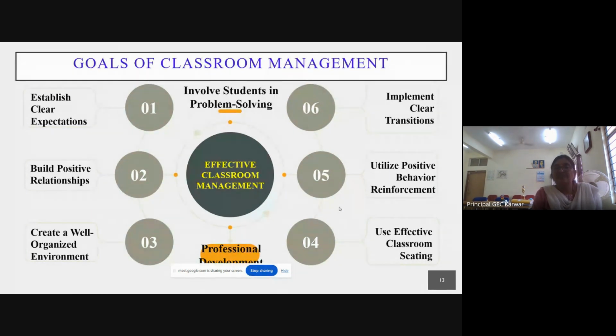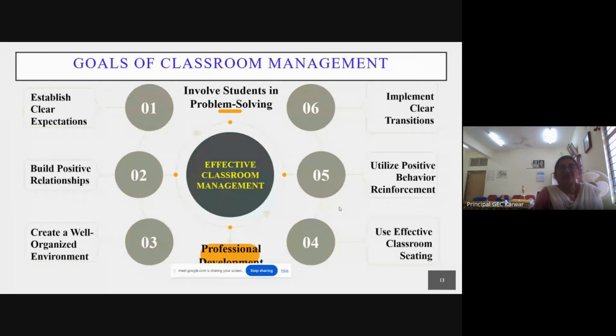Then use effective classroom seating. We should change seating arrangements sometimes, because students may not like the routine classroom seating. Experiment with different seating arrangements to find what works best for our students and the activities we have planned.